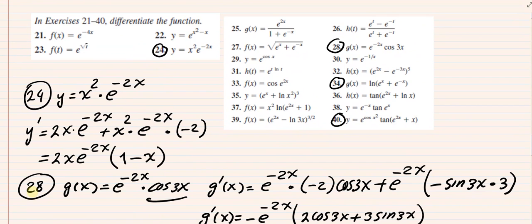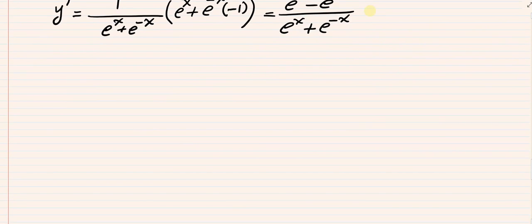Okay. In number 40, we have e to cosine x squared, and then tangent of e to 2x plus x. Okay, well, let's do number 40.